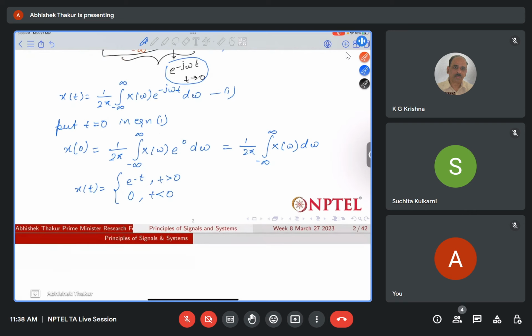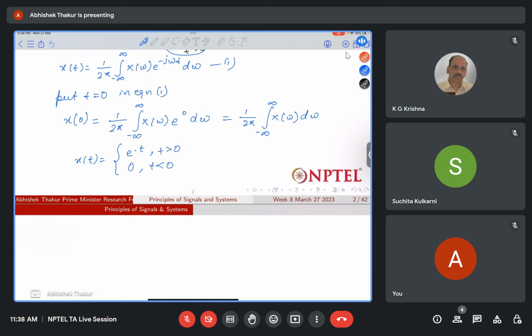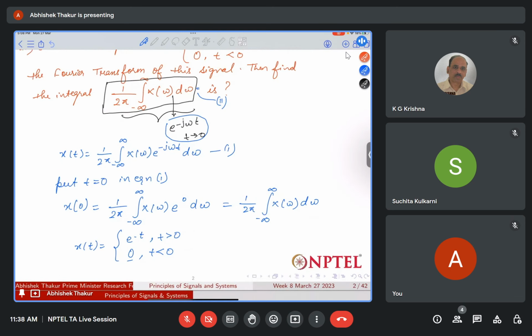It basically averages the values on the left side and right side of the discontinuous point. So x(0) is equal to x(0 plus) plus x(0 minus) divided by 2. When you put x(0 plus), it is e to the power of 0, that is 1, plus x(0 minus), which is 0 here, divided by 2. That is equal to half. So for this question, the answer will be half.